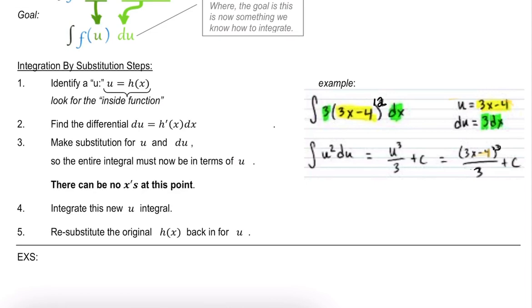As we first start, a lot of your intuition will be correct. So when we look at this function, I have this 3x minus 4 that is inside of a binomial being raised to the 12th power. So it's inside of this 12th power function, and that would be my choice for u.